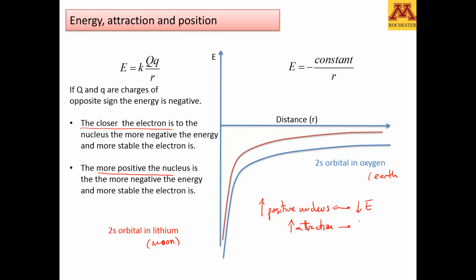That means the stability increases, and it's harder to remove the electrons because they are down in terms of energy. That means the ionization energy will be larger. So now we know why the ionization energy of oxygen is larger. It's because it has a more positive nucleus than lithium.